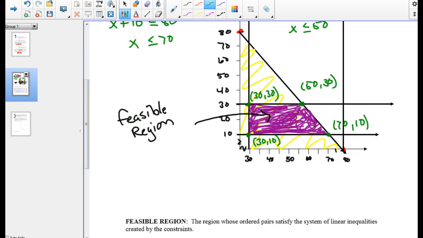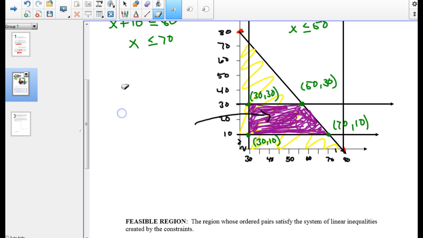Now we're going to take those 4 points and find out what is our maximum profit at those 4 points and figure out how many shelves and how many desks we need to make. So I'm going to test each of these. I'm going to erase this part for now. Okay, so we remember that z equals 25 times x plus 55 times y, right?